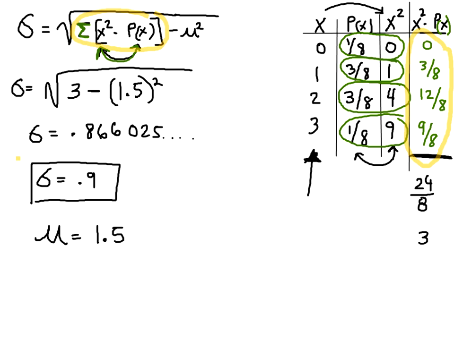The mean was rounded to the 10th place as well, from the previous calculation. So using a probability distribution table, you should be able to get the different measurements. The standard deviation is 0.9 and the mean is 1.5.